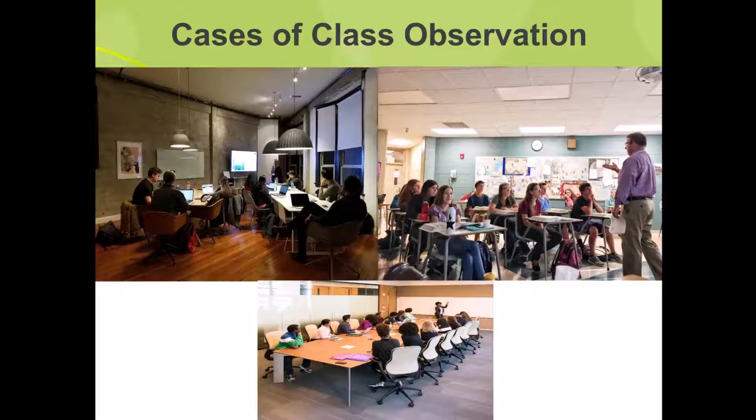Now, just to relate to the previous presentation, which was all about class observation, we established in that presentation that the aim of conducting classroom observation is to explore our own teaching. This is very important. To explore our own teaching, to increase our effectiveness as teachers.